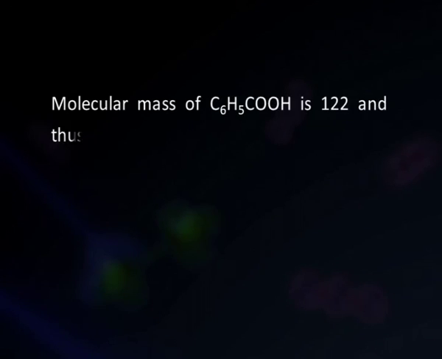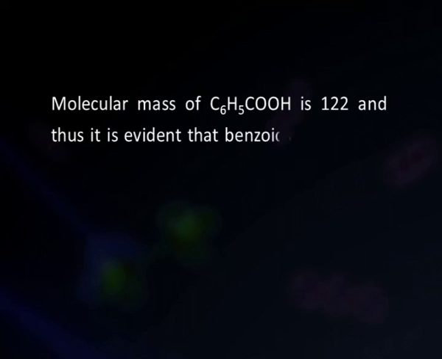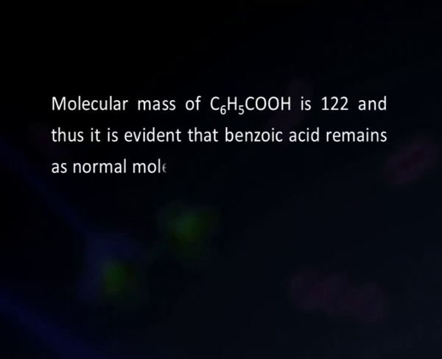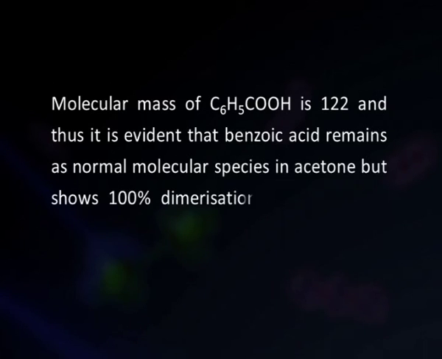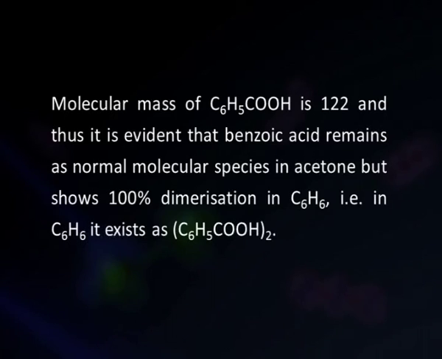So, the molecular mass of benzoic acid is 122, and thus it is evident that benzoic acid remains as a normal molecular species in acetone but shows 100% dimerization in benzene. That is, in benzene, benzoic acid exists as a double molecule, that is, a dimer.